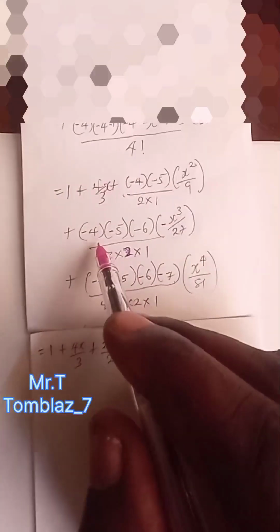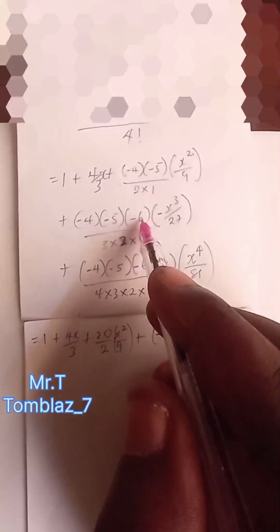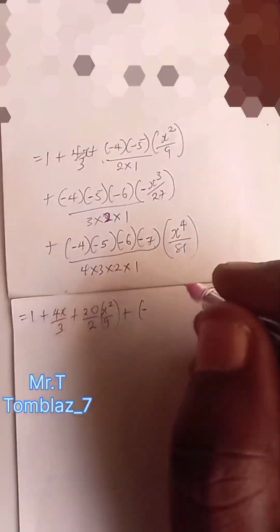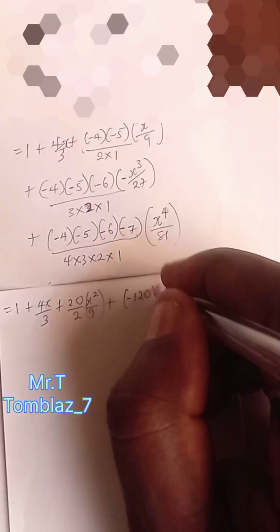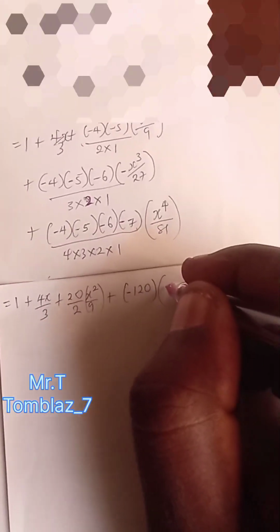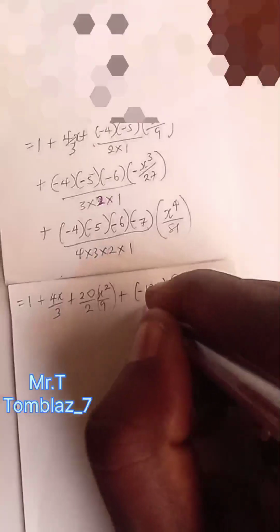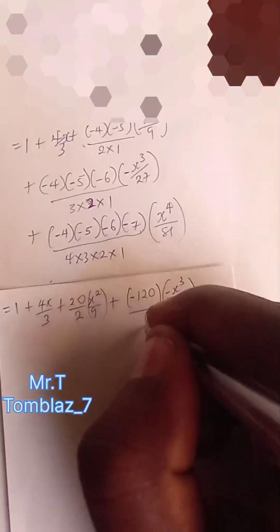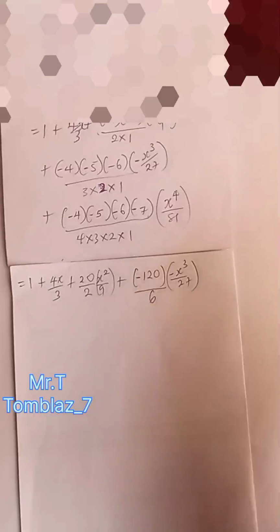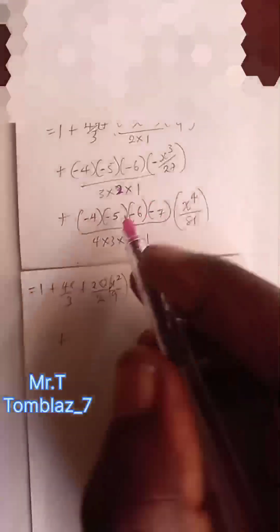Then 4 times 5 is 20. 20 times 6 will give you 120, right? And then we'll be having minus x cubed all over 27 all over 2 times 3 will give you 6, right? Okay, the next option will be this position.